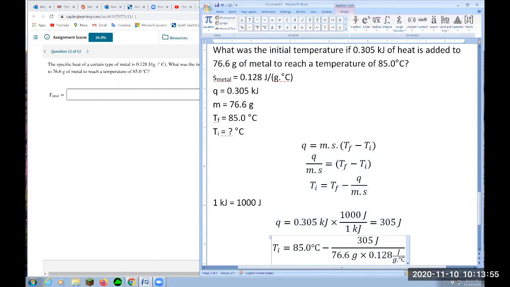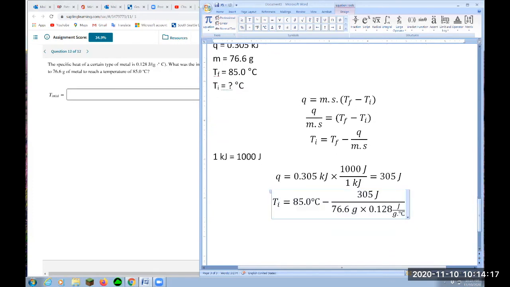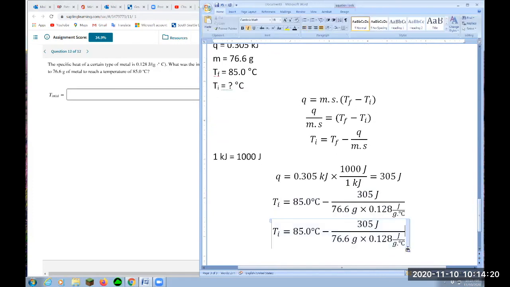We need to calculate this intermediate answer here before we do the subtraction. We need to see how many decimal places we will need to keep. So we need to calculate this part and evaluate the least precise digit place. Let's rewrite this and then calculate it. In the calculator, you do 305 divided by, open the parentheses, 76.6 times 0.128, close the parentheses, equal.